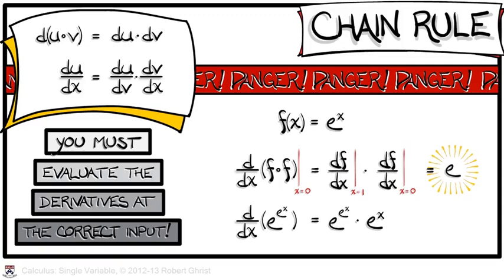That gives me e to the e to the x. But, because it's the chain rule, I have to multiply by the derivative of that exponent, in this case, e to the x. Now, if you evaluate both of these at x equals 0, you get the same computation as above, with the final value of e. Be careful about where you evaluate your derivatives.